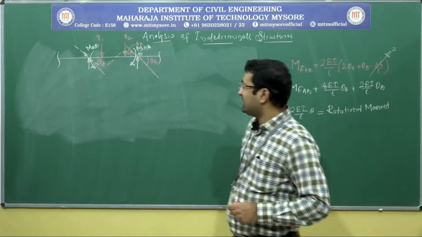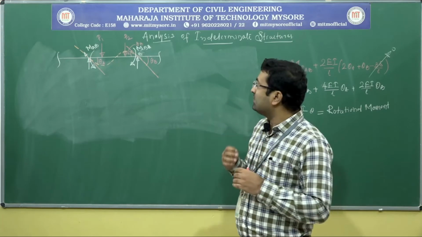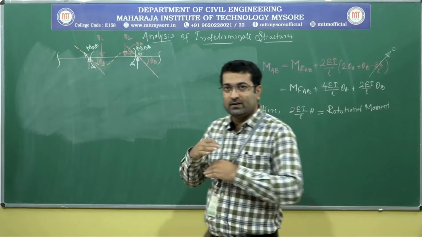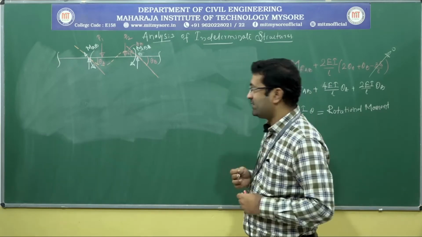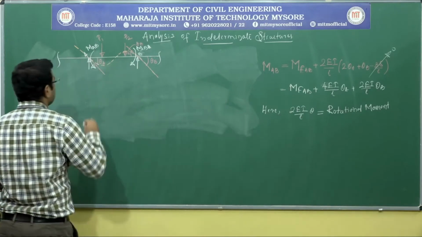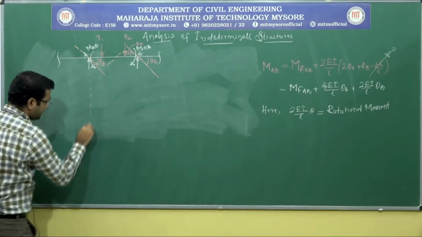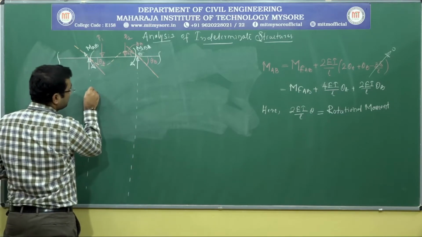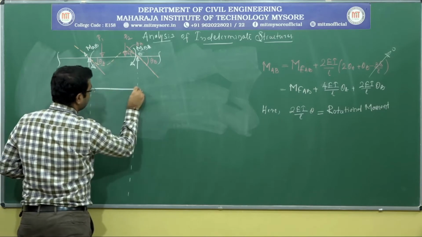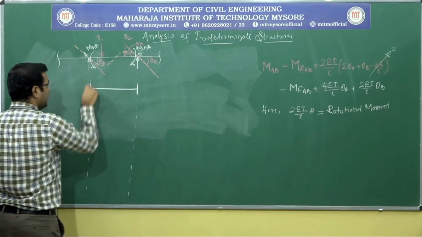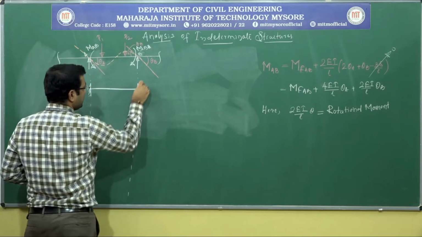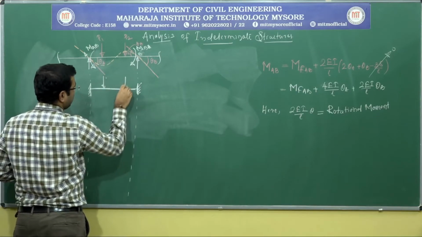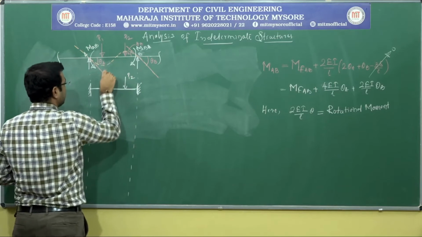If I see this in detail or part-wise as per the slope deflection method, we can categorize this into many different situations. For example, if I take only this particular span, there is a development of fixed end moments at the ends due to these external loadings, that is P2 and P1.